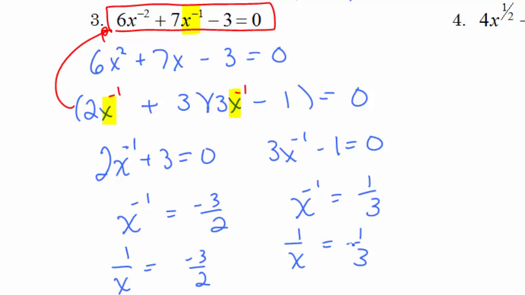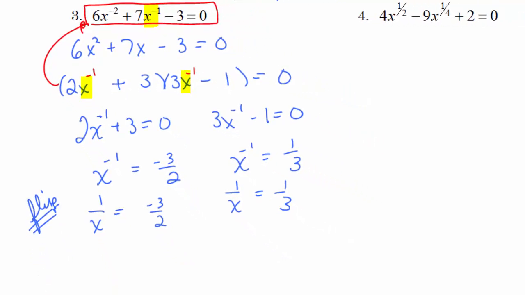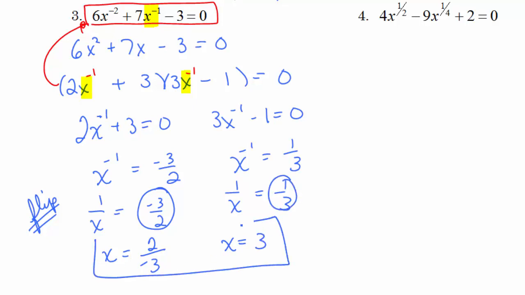I kind of like to just do this really not quite mathematical word. I like to flip both sides, which means really take the reciprocal of both sides. So 1 over x, if I take the reciprocal, that's x over 1, but I have to take the reciprocal of that side as well. And so the reciprocal of 1 over 3 is 3.